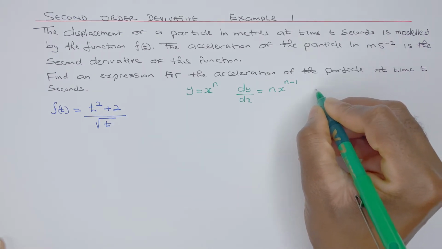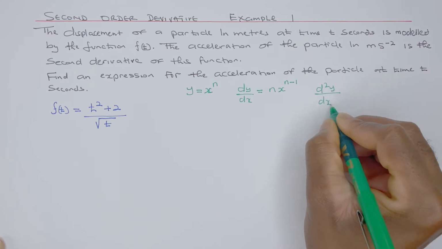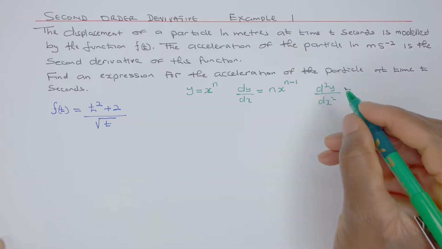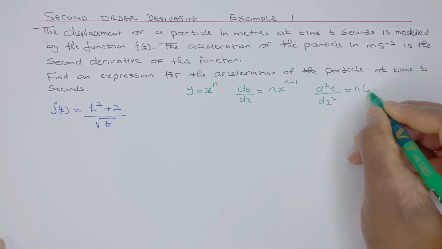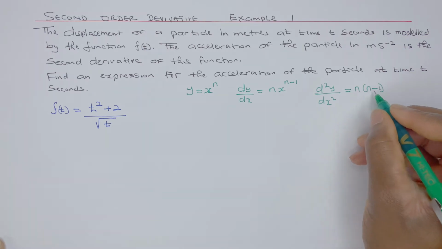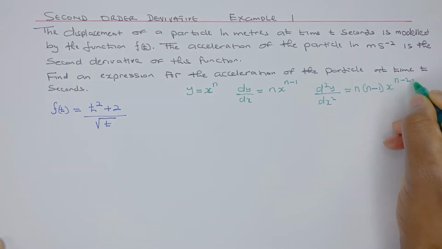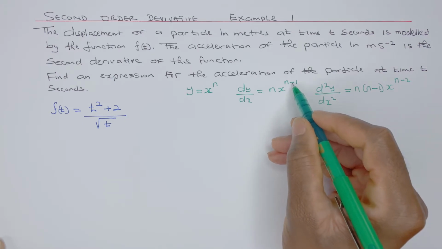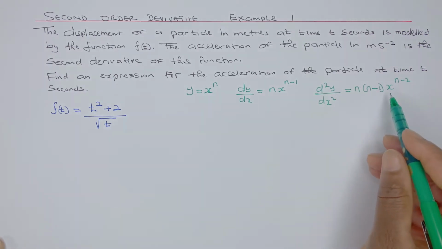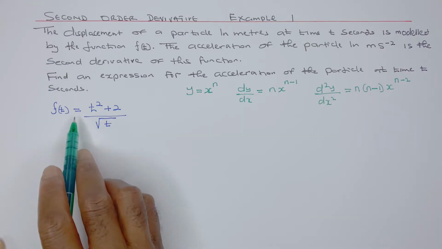And the second derivative, d squared y over dx squared, will be: bring the n minus 1 down, so you get n times n minus 1, x to the power n minus 2, and take 1 from the exponent. So that's the format we have to apply. We have to make sure the function f of t is in this format.